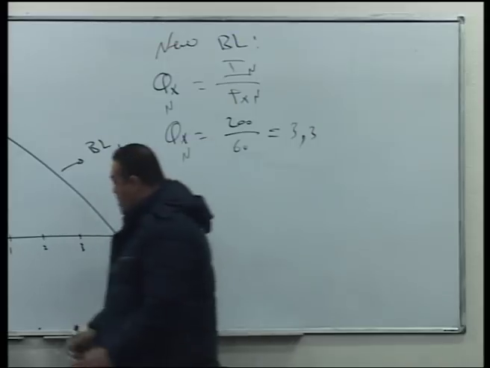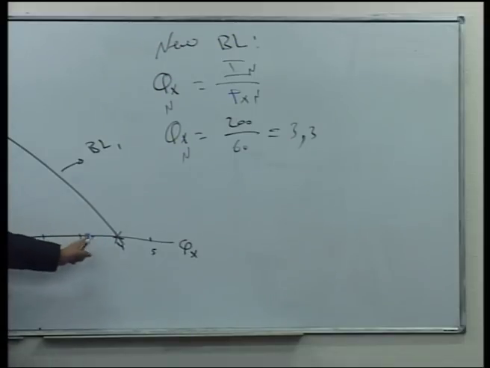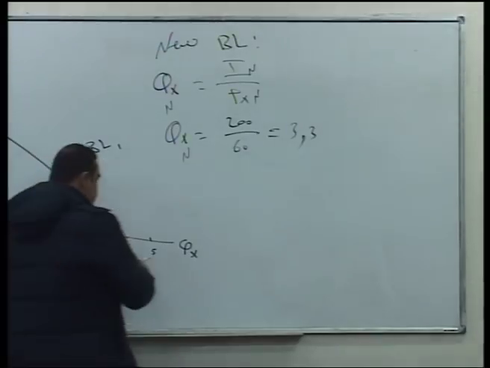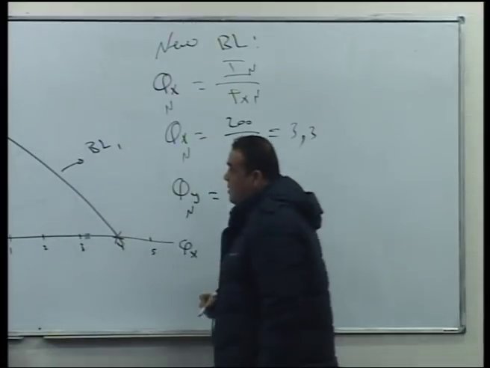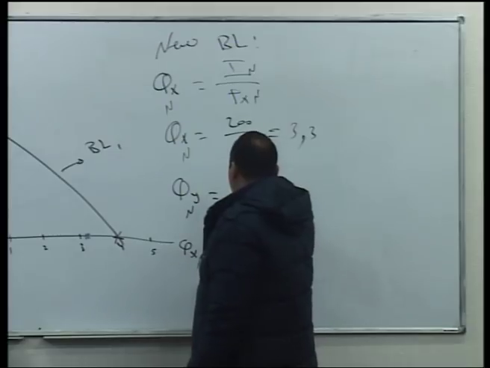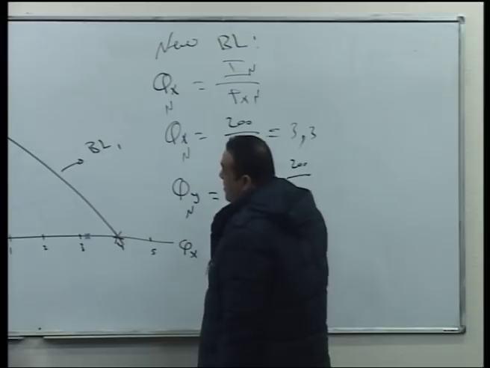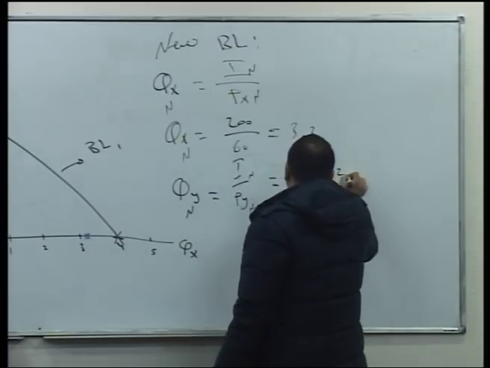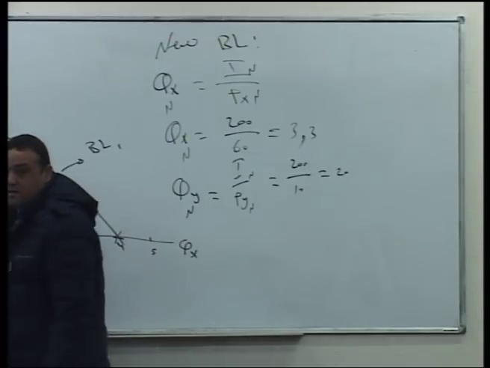What about the new quantity of Y? The quantity consumed of X is 3.3. What about the quantity consumed of Y? QY equals income over the price of Y, 200 over 10 equals 20, which means we are still at this point here.